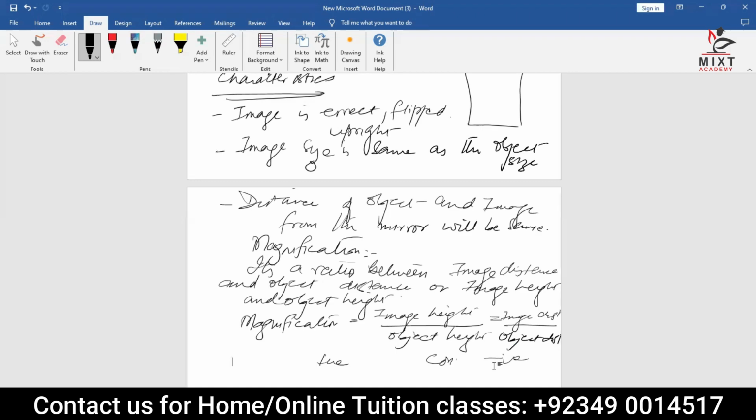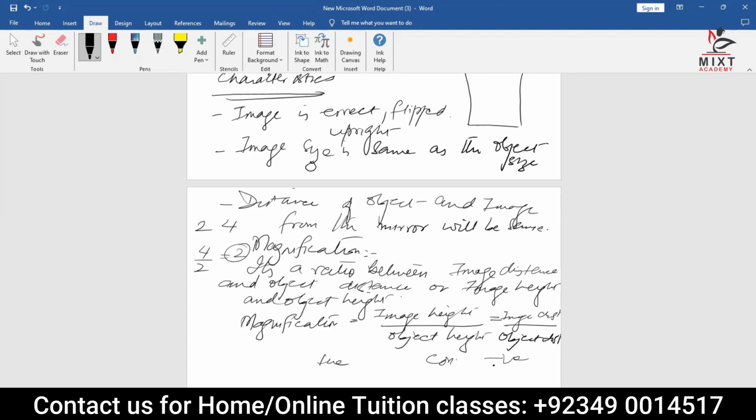Sir, can you explain magnification again? Magnification is the ratio between image height and object height. For example, if your object height is 2 and your image height is 4, what is the ratio? 4 divided by 2, which is 2. This 2 tells you that this lens has the ability to enlarge your image by 2 times.